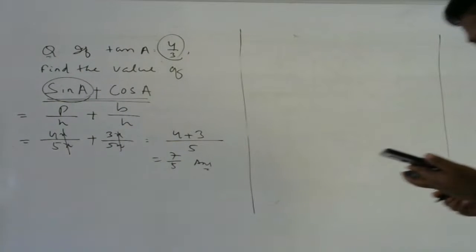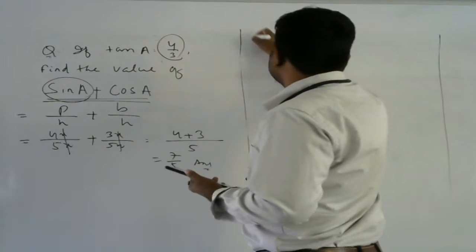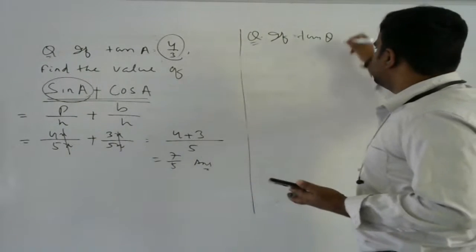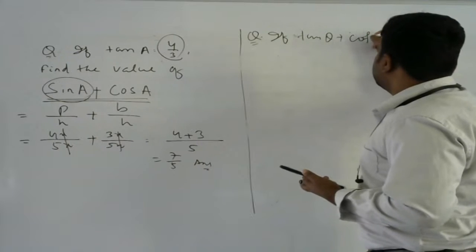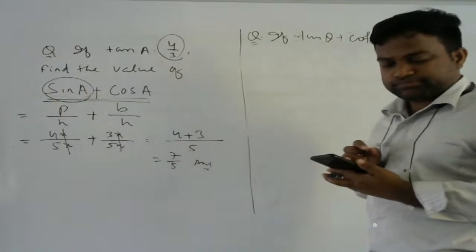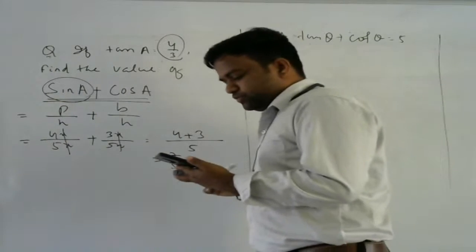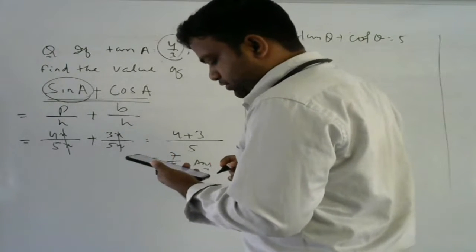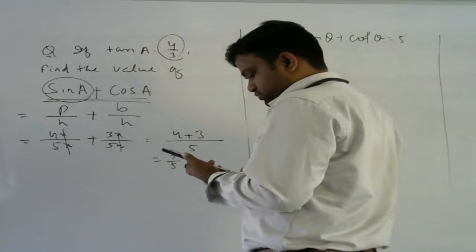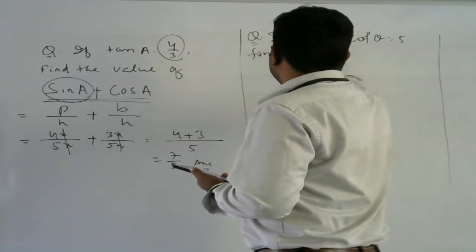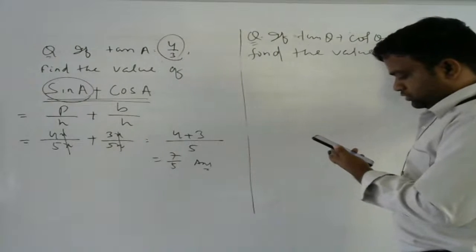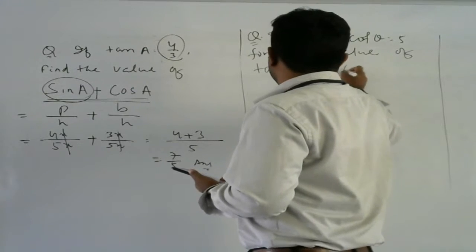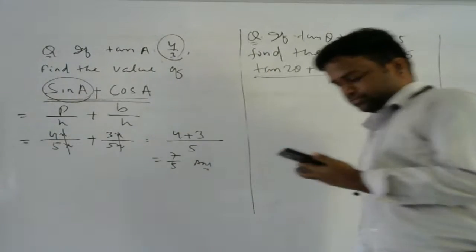If tan theta plus cot theta equals 5, find the value of tan square theta plus cot square theta. So you have to find out this one.